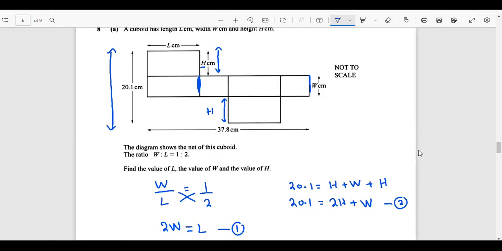So far we got two equations. Now I would want you guys to think about it and find the third equation using this 37.8. I'll just rub all this, and now you can think about it.